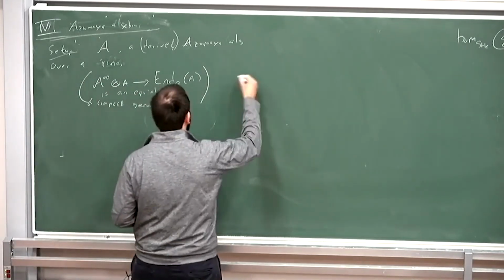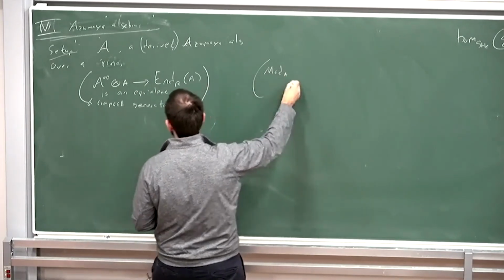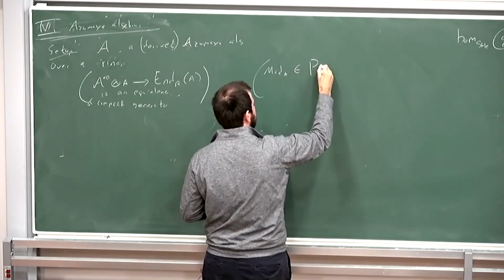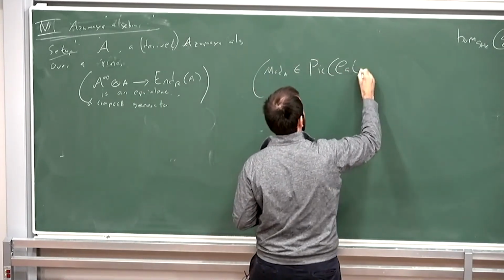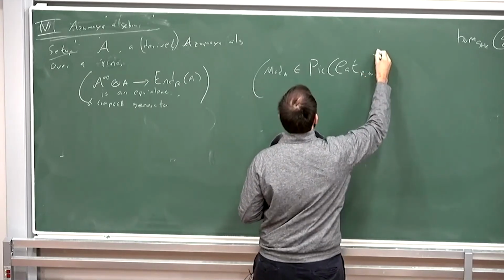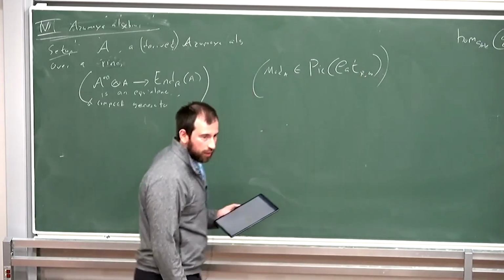Another way you can view this, as we saw, is that if you take modules over this algebra, then this is an object in Pic. This is an invertible object with respect to the tensor product on compactly generated, meaning compactly generated R-linear stable infinity categories.